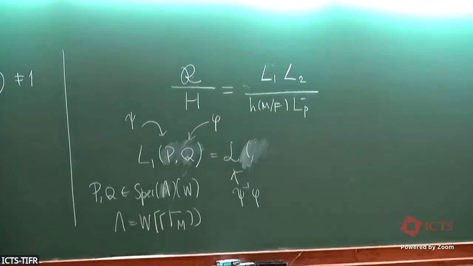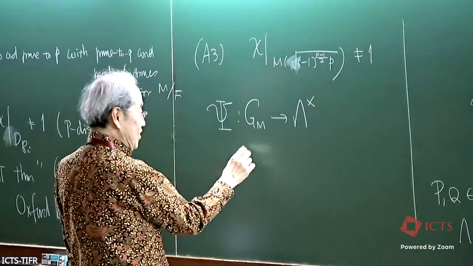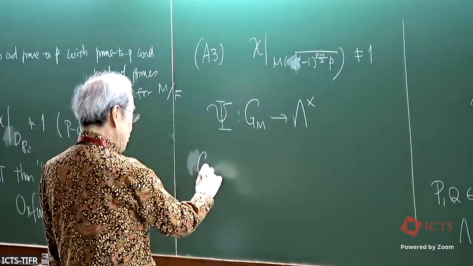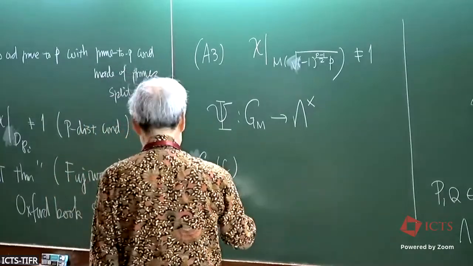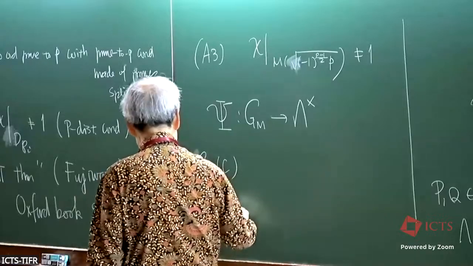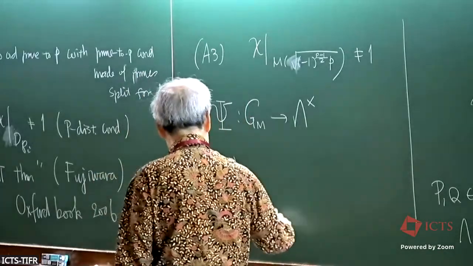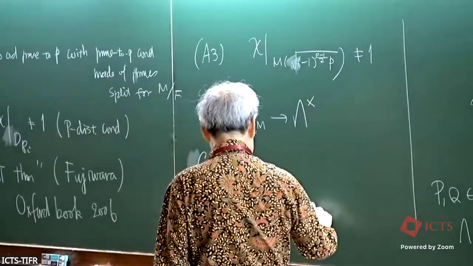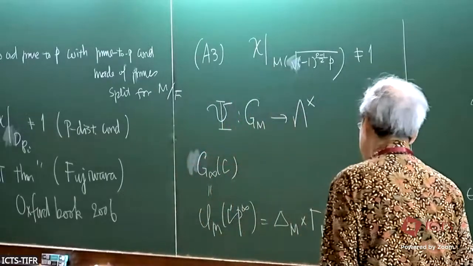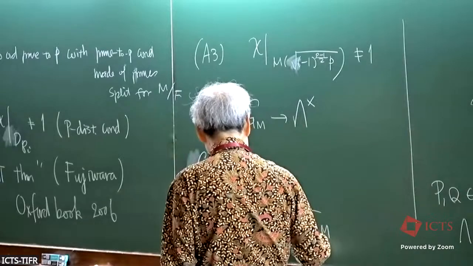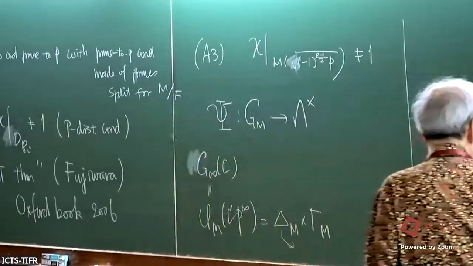You have a universal character psi of the Galois group of M into this lambda cross, that the gamma. Jack wrote G infinity C or something, but this is a class group of M of conductor C, P to the infinity kind of things. And he split it into finite guy and gamma M, right? And the branch character means character of this guy, and this guy is this psi inverse phi.